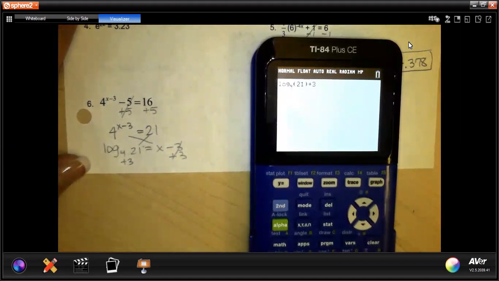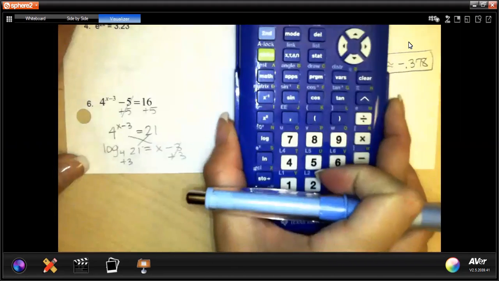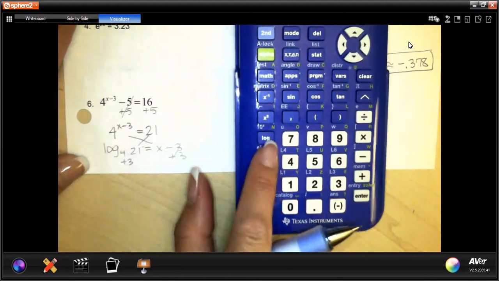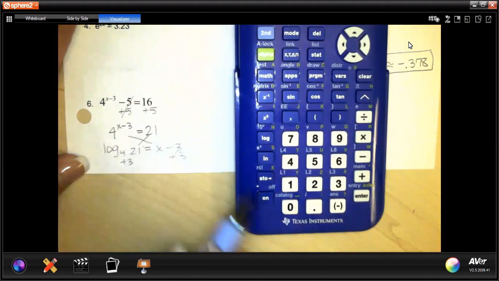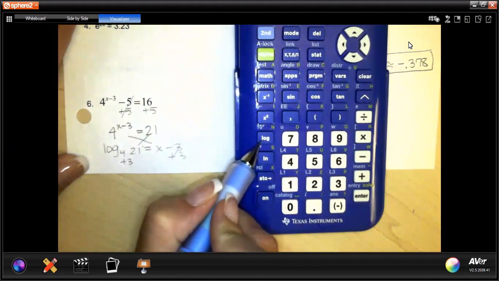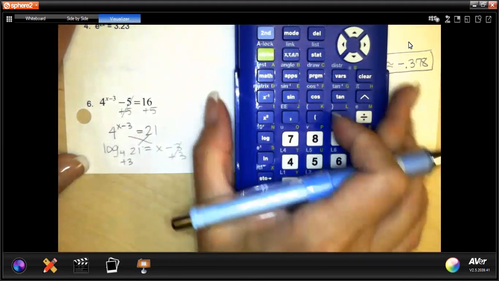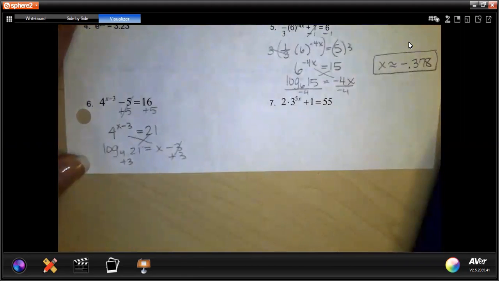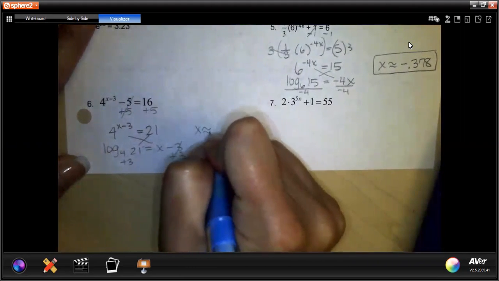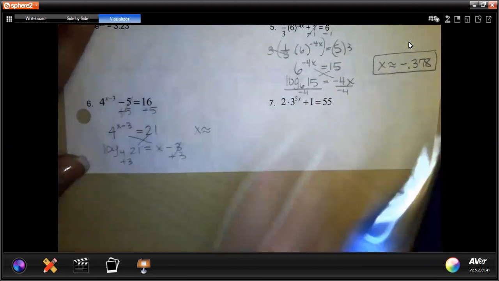So when you go to Desmos, you're going to go to that function keyboard, and it will give you the log so that you can replace the base. Remember, when you're using this log down here to the left of 7, that is a base of 10. Anytime you push this button right here, it is a base of 10. And when you push the natural log one, it is a base of e. So keep that in mind. That gives us 5.011.